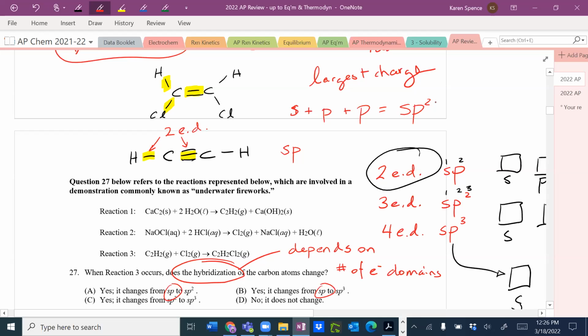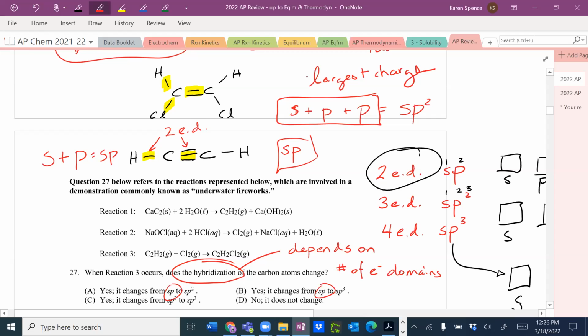I like that way of thinking about it. If you have 2 electron domains, you need 2 orbitals to hybridize, so you need an s orbital and a p orbital to give you an sp. If you need 3 electron domains, you need 3 orbitals to hybridize, 1 s and 2 of the p's, so that's going to give you sp2.